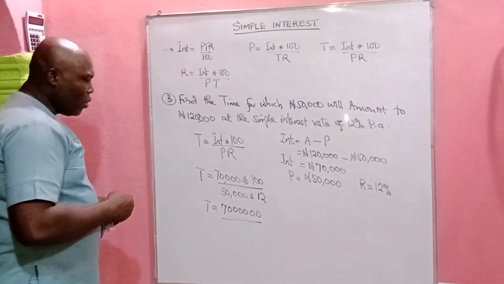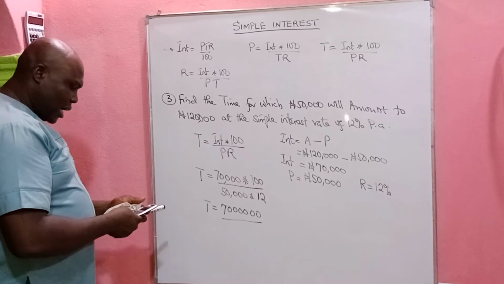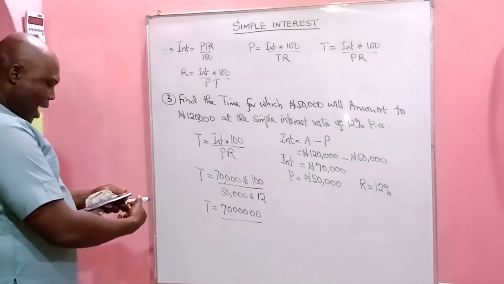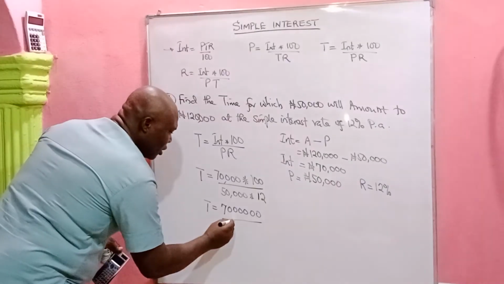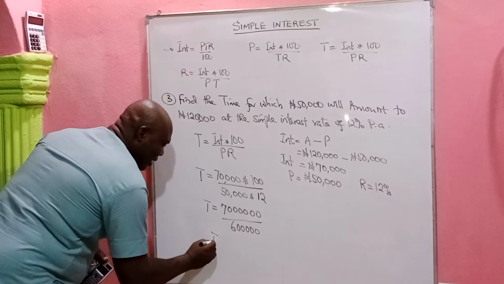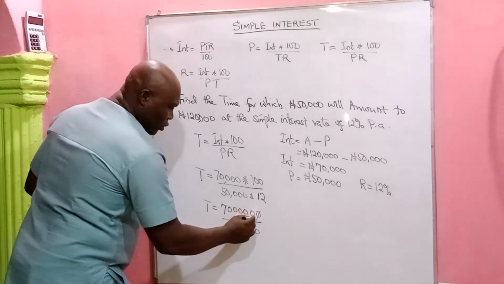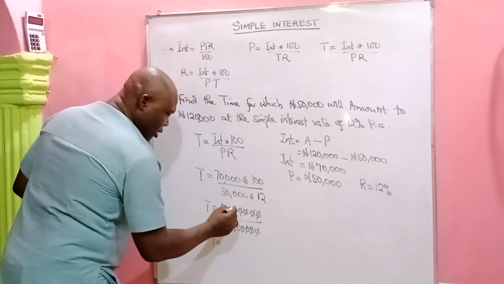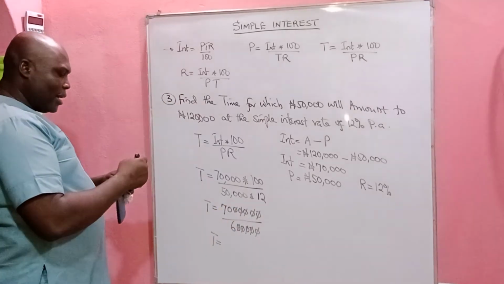All right, so we are done with that. Now multiply 12 by 50,000. 12 times 50,000, we have 600,000. So we need our time in years. Of course, 0 crosses 0. So we have 70 divided by 6.